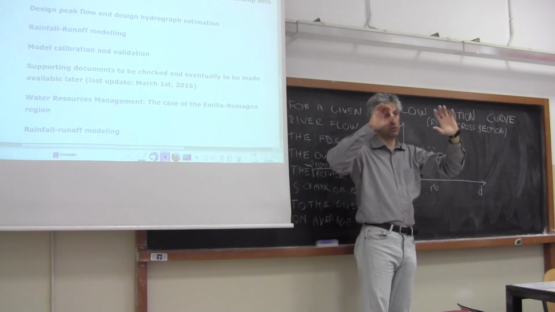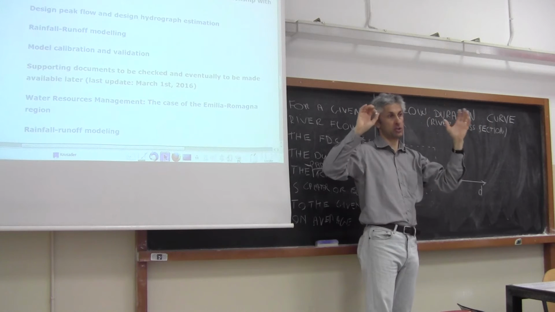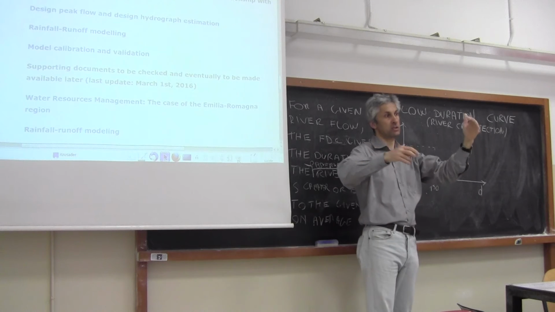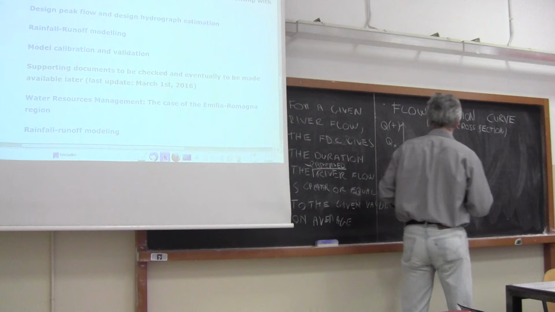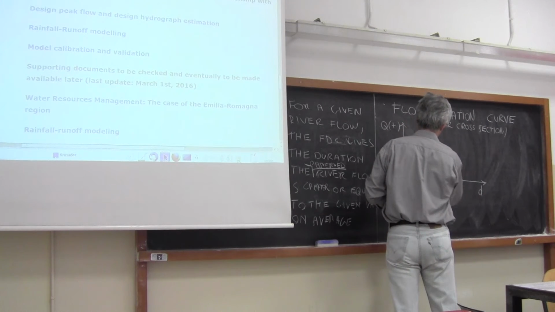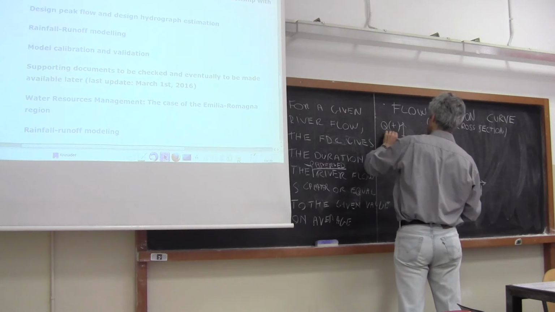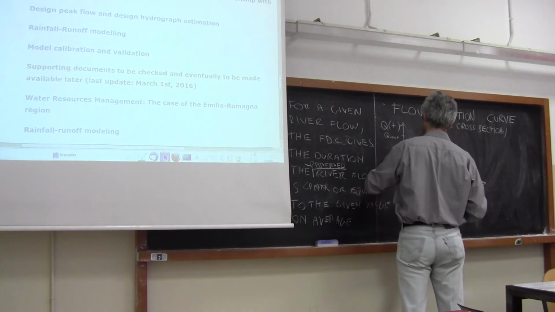So let's suppose that you have a lot of observations, and you assume that these observations are representative of the dynamics of the process. And of course, these observations have a maximum and a minimum. So let's suppose that I use the same graph. Let's suppose that we identify the maximum here, Q max, and a minimum here, Q min.